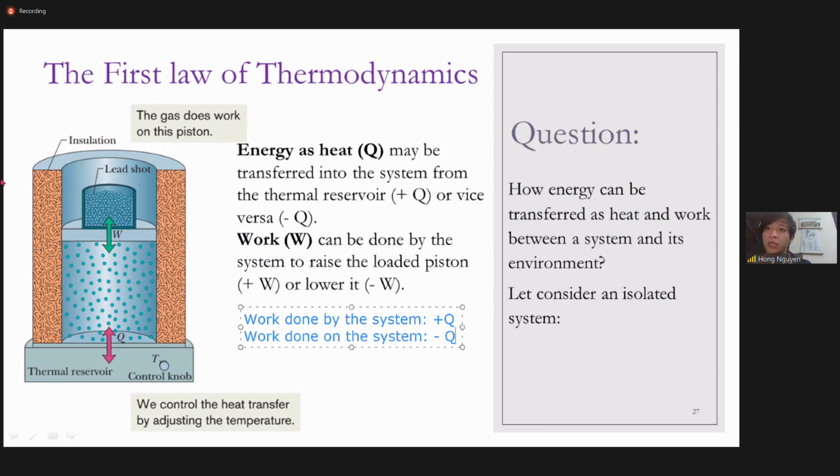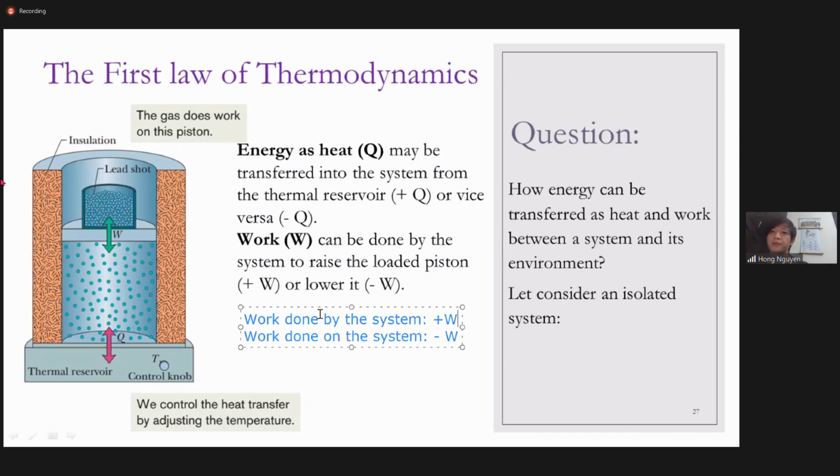Okay, the work done on the system will take a negative sign. I'm sorry, this is the work, not the heat. And the work done by the system will take a positive sign.